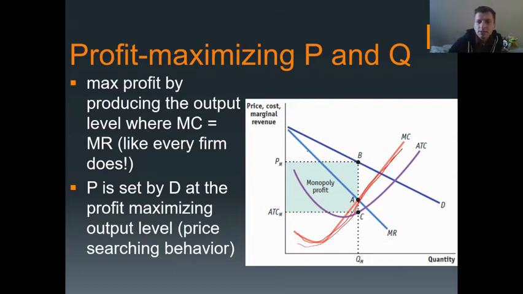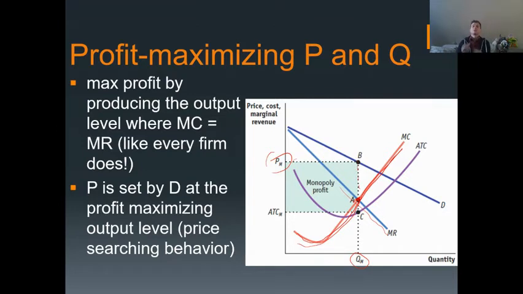Our MR is this slightly lighter blue curve here. Where they meet gives you your quantity. That quantity at your demand curve is your price. So the price that's set by the monopolist is on the demand curve at the profit maximizing quantity.